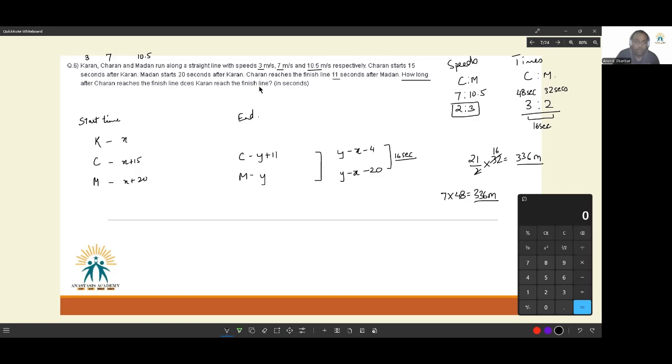Now, how long after Charan reaches the finish line does Karan reach the finish line? Let's see.